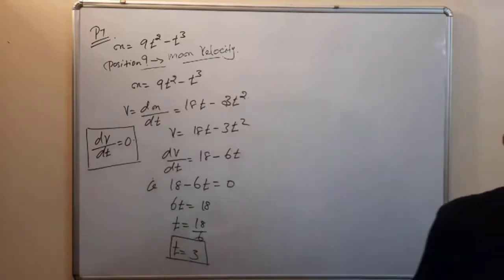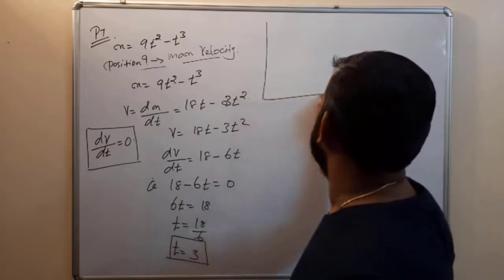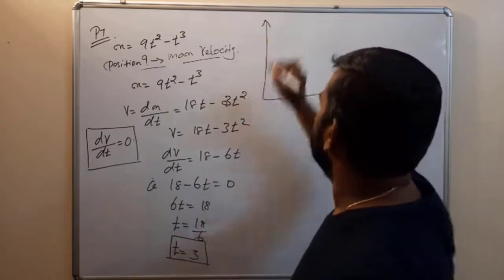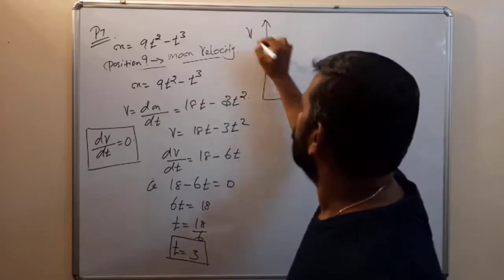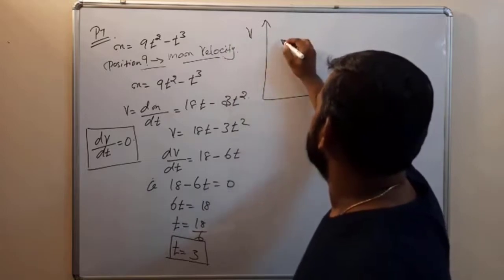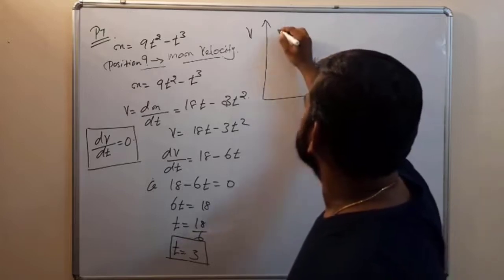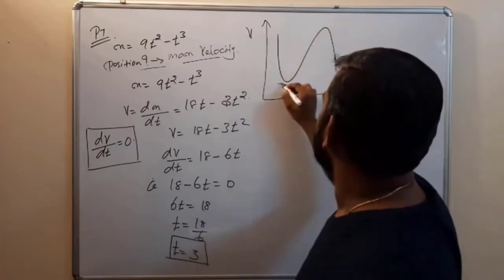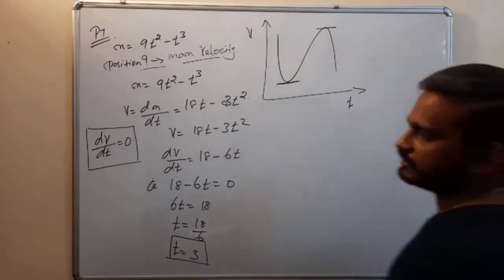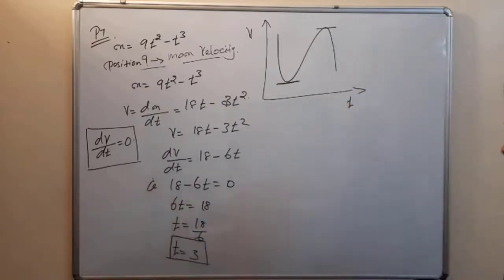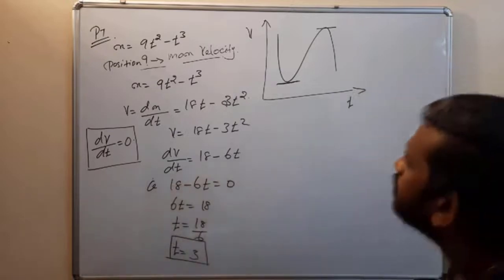Because when you draw the graph of time and velocity, at the minimum and maximum dv by dt is equal to 0. So t is equal to 3 means the function may be maximum or minimum.